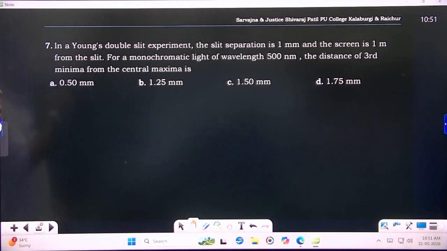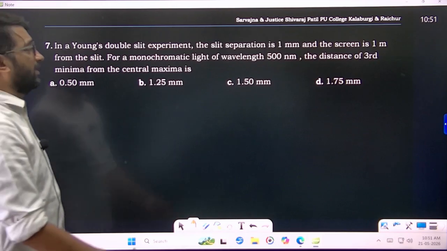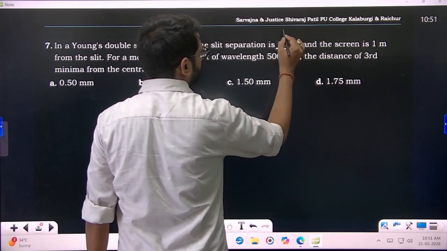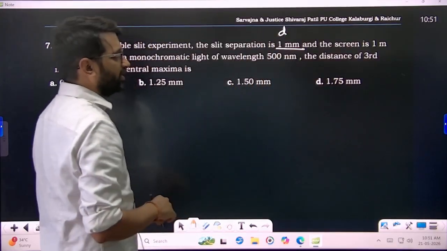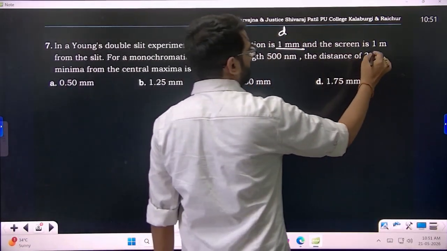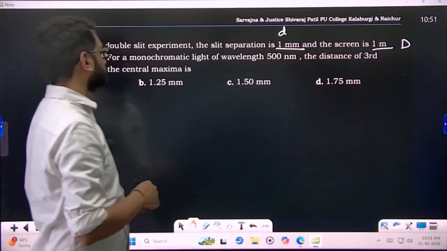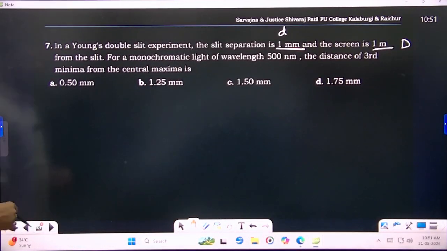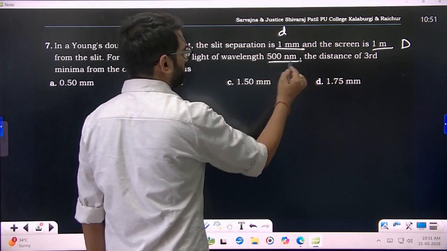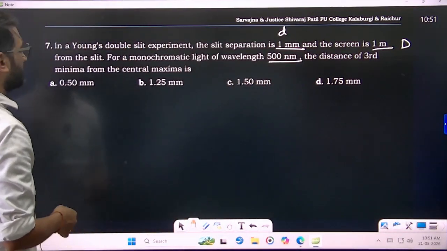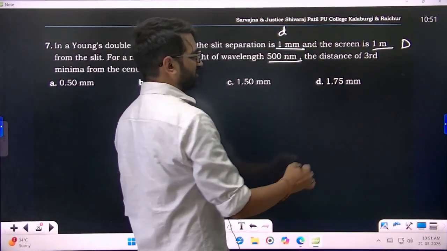Next, seventh one. In Young's double slit experiment, the slit separation is 1 mm, that is small d, and the screen is 1 meter from the slit. This is capital D. For monochromatic light of wavelength 500 nanometers, what is the distance of the third minima from the central maxima?